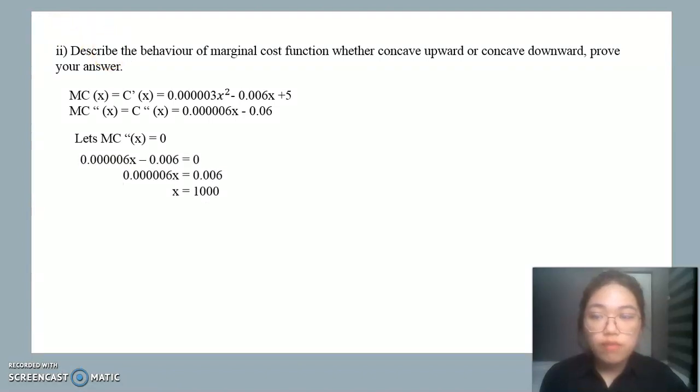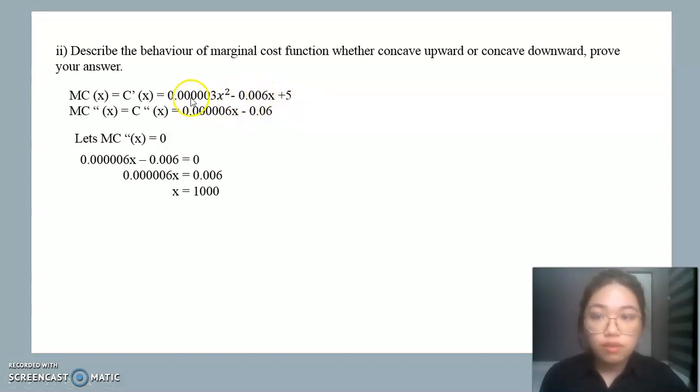Then we need to find out the behavior of the marginal cost function, whether it's concave upward or concave downward. So first we rewrite the marginal cost function that we found in the previous step, which is 0.0003x squared minus 0.006x plus 5.